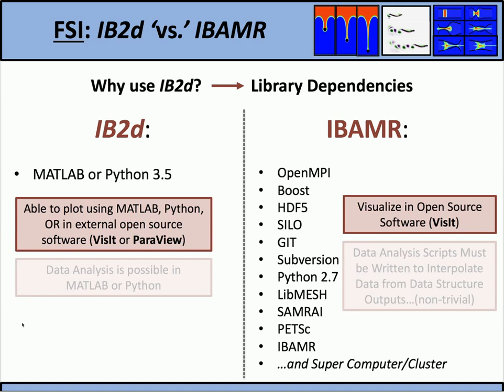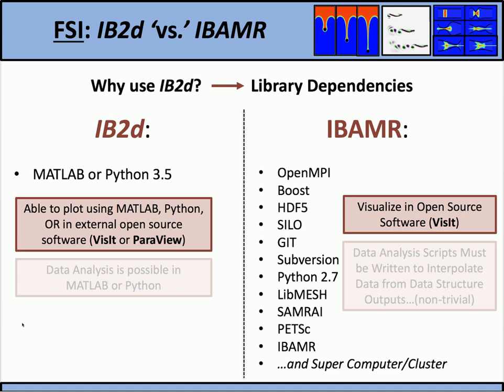The other thing is, when we try to visualize our data, both IB2d and IBAMR can visualize using open source software such as VisIt. In IB2d, we export our data using VTK files, which means you can read them using VisIt or ParaView as well.